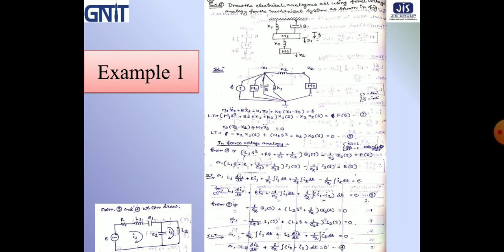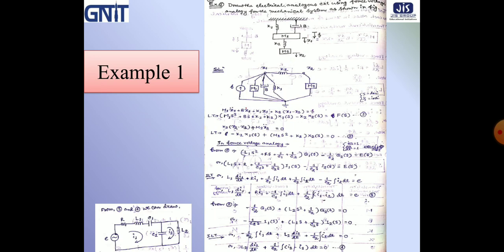Now moving to our first example. Here one spring mass damper system is shown, and the question is: draw the electrical analogous circuit using force voltage analogy for the mechanical system shown in the figure. Here one mechanical system is given and we have to convert it to an electrical system.